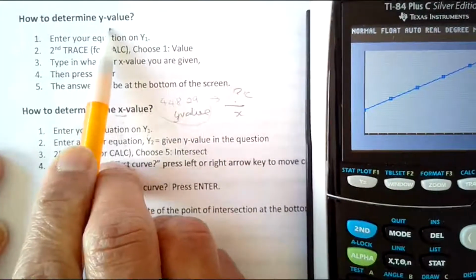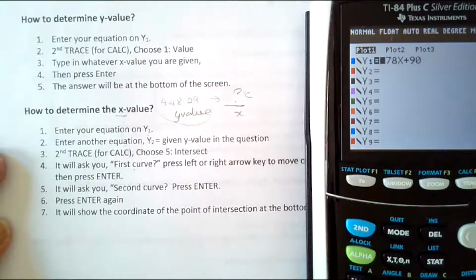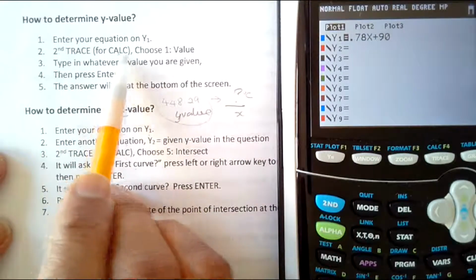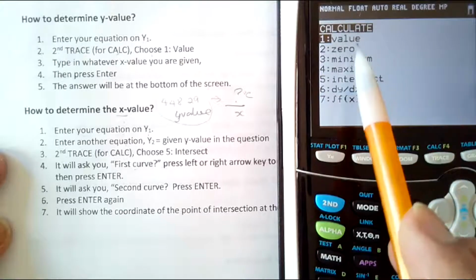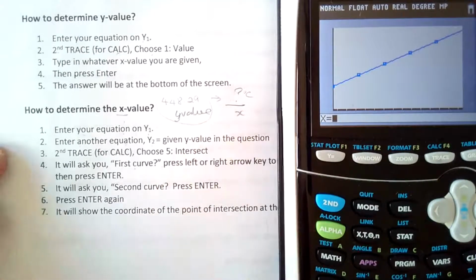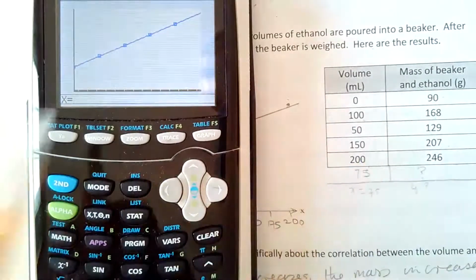To determine Y, we have our equation. Second trace and choose 1. So second trace, and press enter. Then we're going to enter our value for X. Notice the X is flashing.